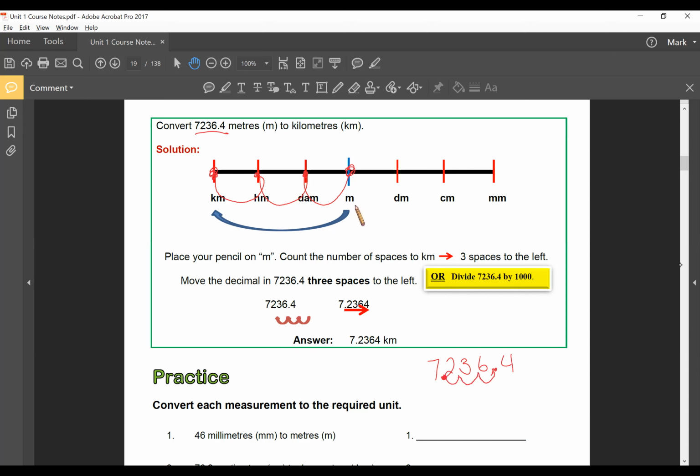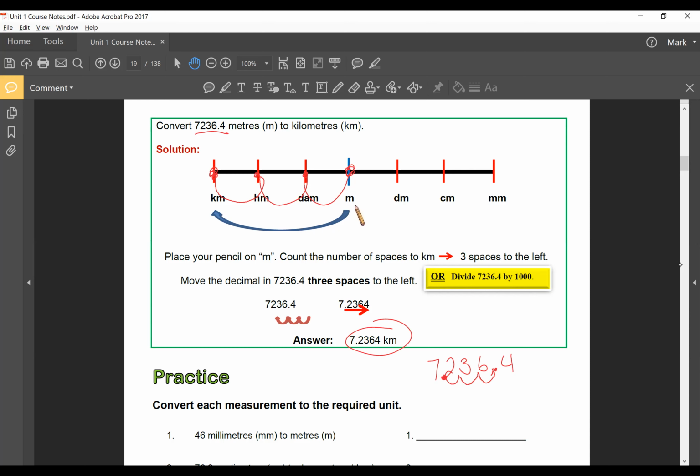I don't need to add any zeros or anything like that. So my answer is 7.2364 kilometers. I'm going to keep all my numbers. You don't need to round anything. You can if you want to. I'm not going to be picky about rounding, but I don't need to do anything else with this number.